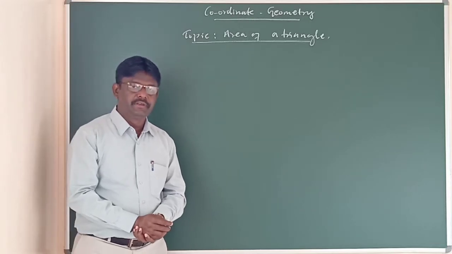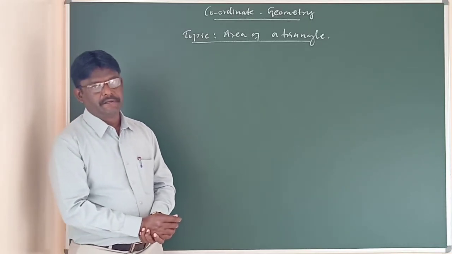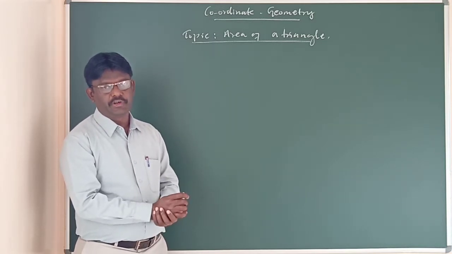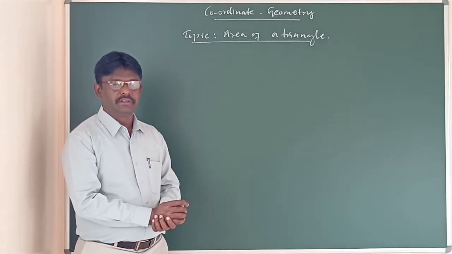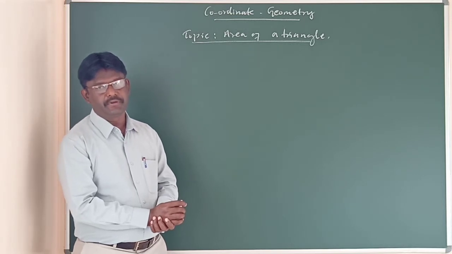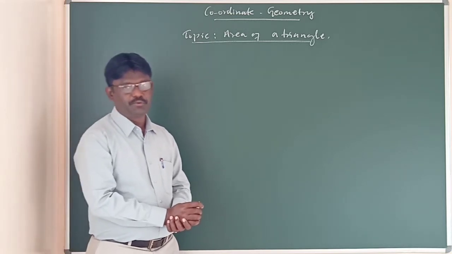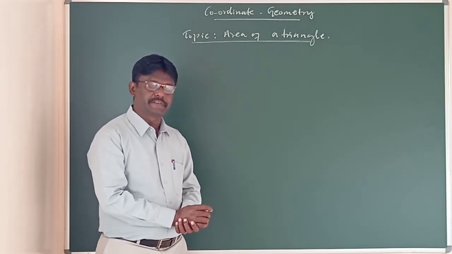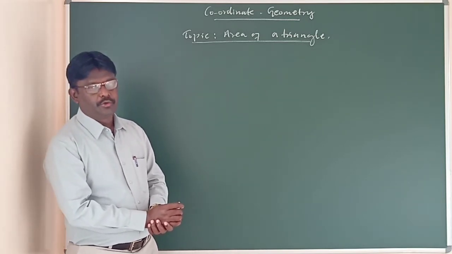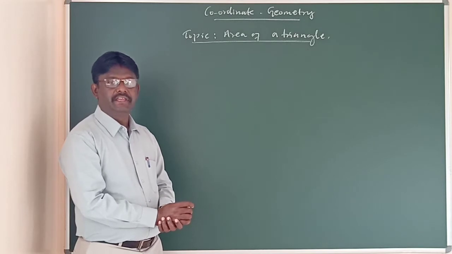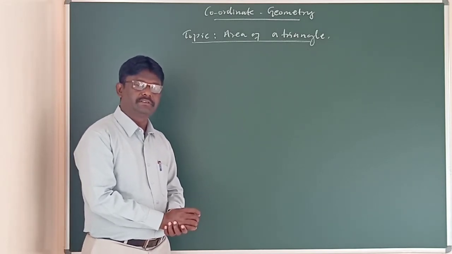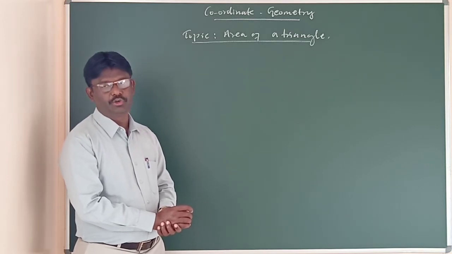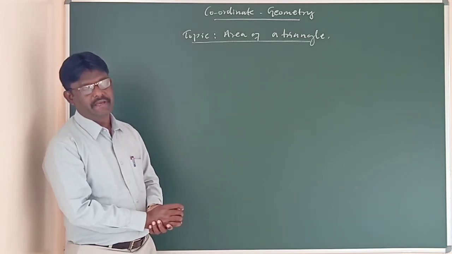Hello children, in the previous two classes, by using suitable formulas, we have solved problems on the section formula and the distance formula. Even in your earlier classes, you have calculated the area of a triangle by using the formula area equals half base into height, and even by using Heron's formula.